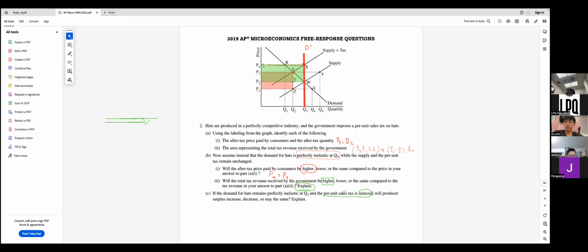If a per unit sales tax is reduced, that means we don't shift the supply curve by this much. If I just shift my supply curve just a little bit, okay, how much I shift my supply curve, does it have any relationship with the producer surplus?